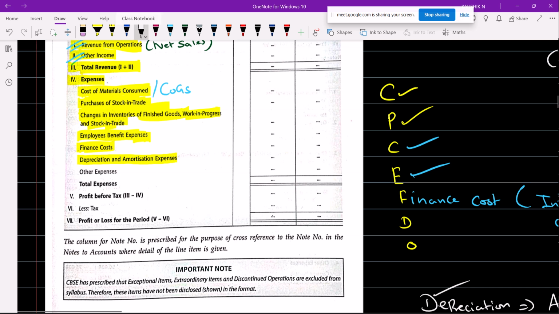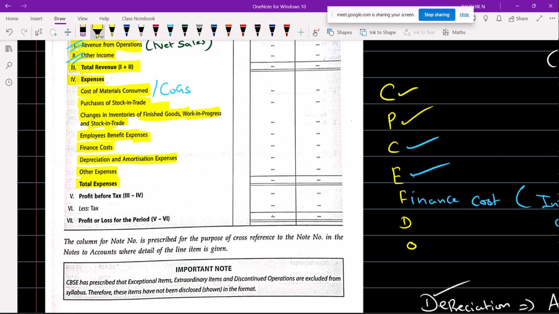No, sir. Okay, and then comes something called other expenses. When you don't find a place to record a particular expense in any of the above mentioned expense categories, then we have only one place to record it, that's called other expenses. Once we have recorded all these expenses, you need to total them, which we call total expenses.